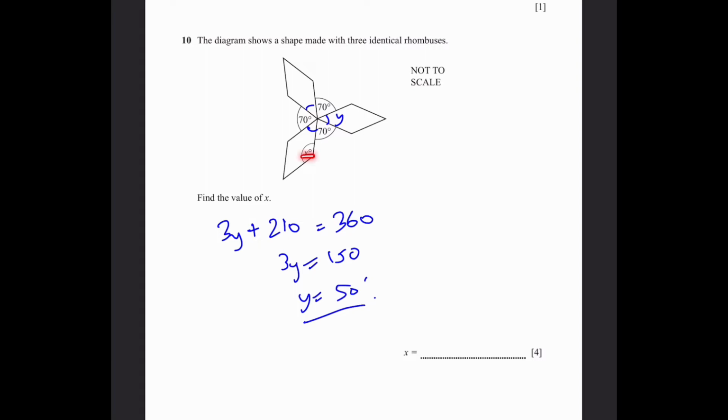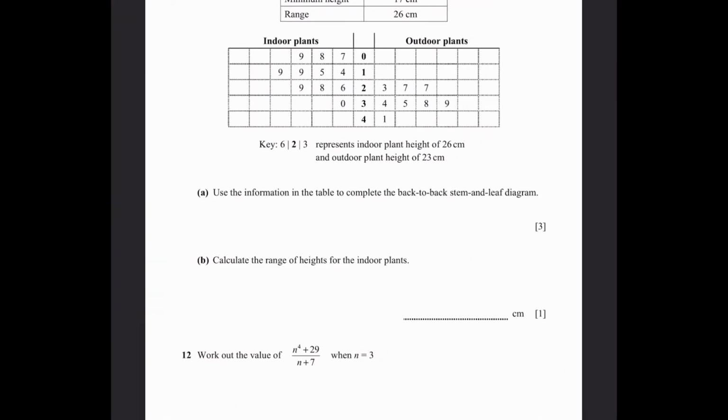Now, what is x? Well, rhombuses are parallelograms, and in parallelograms, adjacent angles add up to 180 degrees. So if this is 50 degrees, that means x will be 180 minus 50, which is equal to 130 degrees. That'll be our answer. Let's go to question 11.